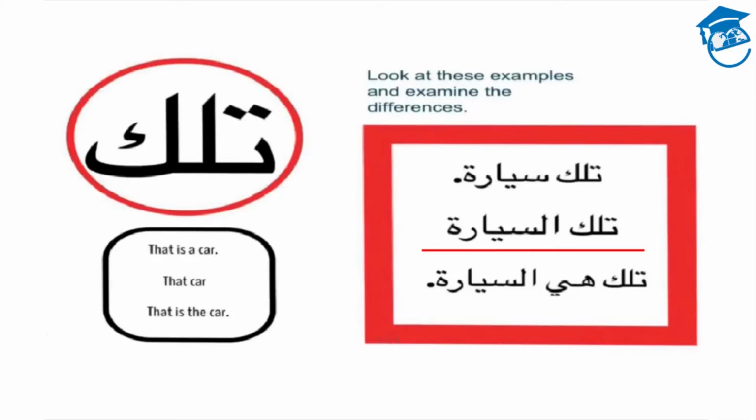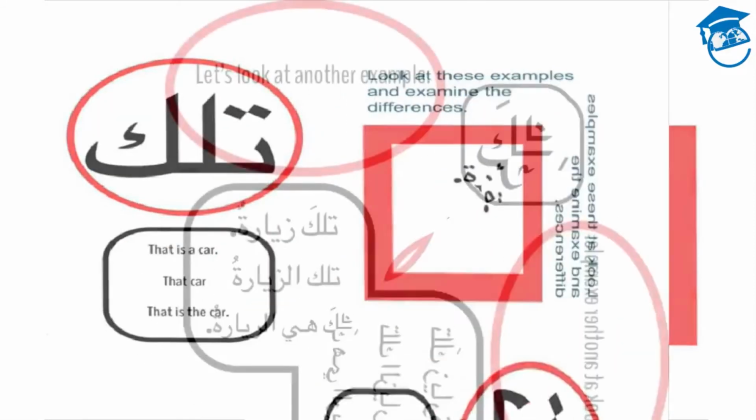We no longer have a full sentence, merely a phrase. In the third example, we add hiya, which is the word for she or it in Arabic, in between tilka, the ism el-ishara, and as-sayyaratu, the singular feminine definite noun. Tilka hiya as-sayyaratu means that is the car.